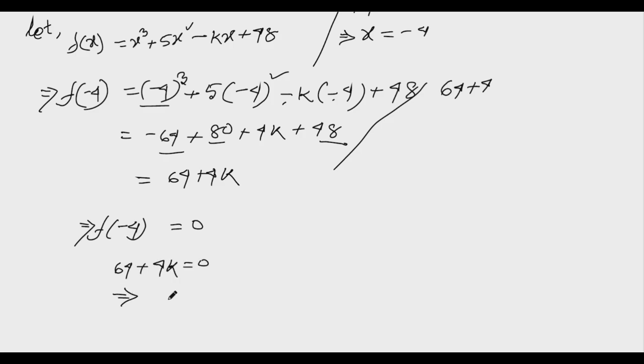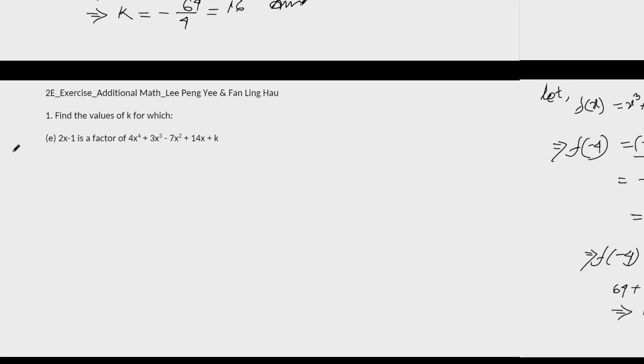If we solve for k, we will get k is equal to minus 64 over 4. If we reduce this value, then we will get minus 16, and this is the value of k.